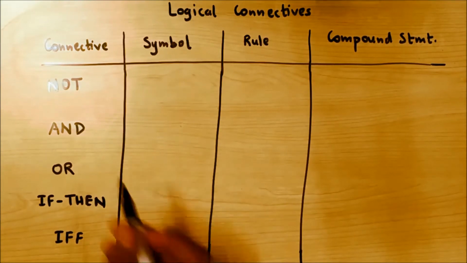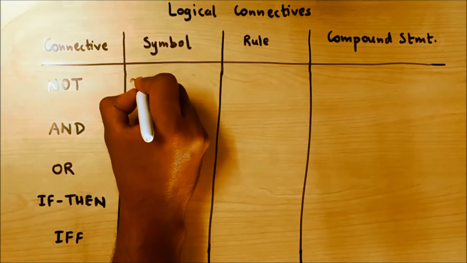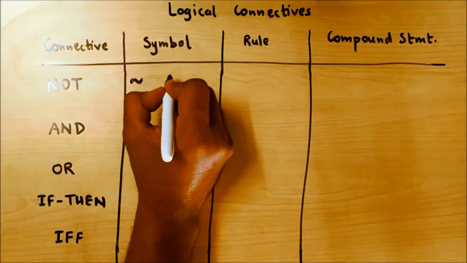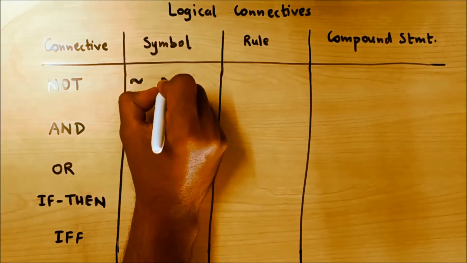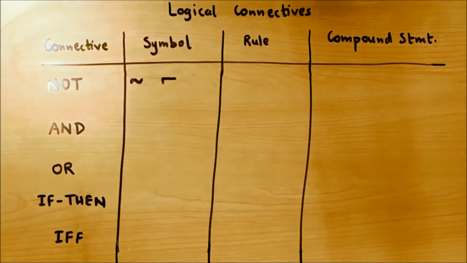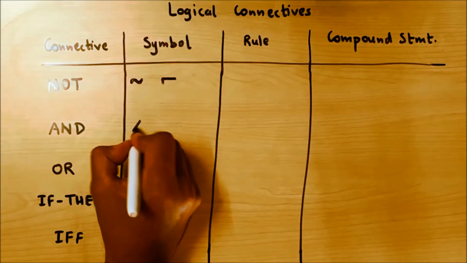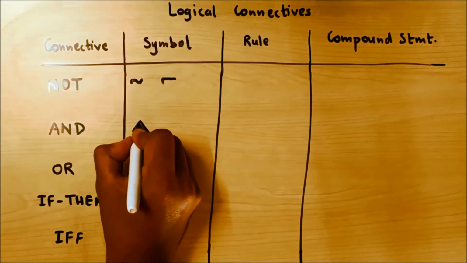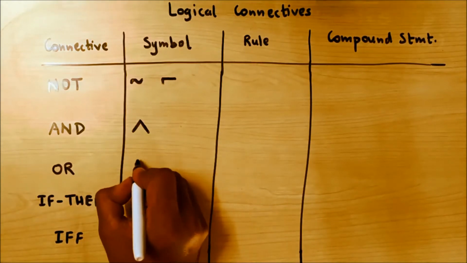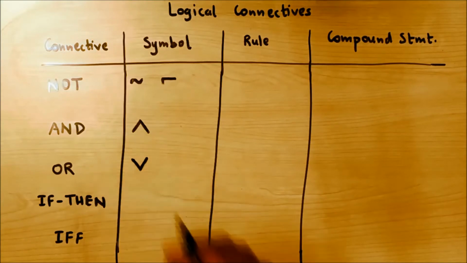Now let's see the symbols. For not, the symbolic form is this way. There's a similar sign, okay, that is not. Sometimes they also use this symbol, so that is also a symbol for not. Then next, and is like an A, okay, yeah, this up arrow. Then or would be its opposite, that is the down arrow this way.